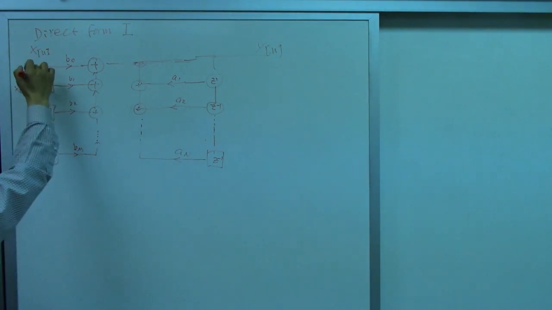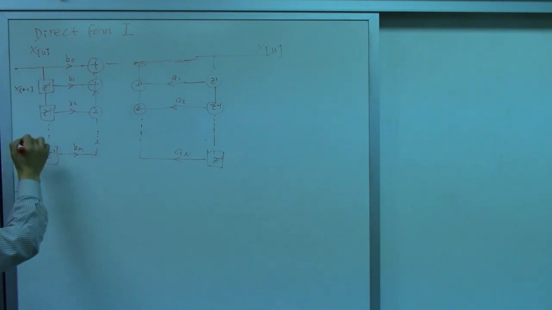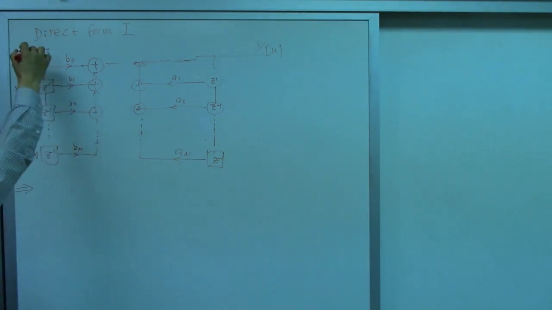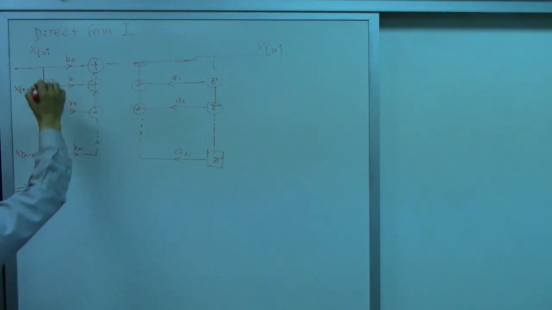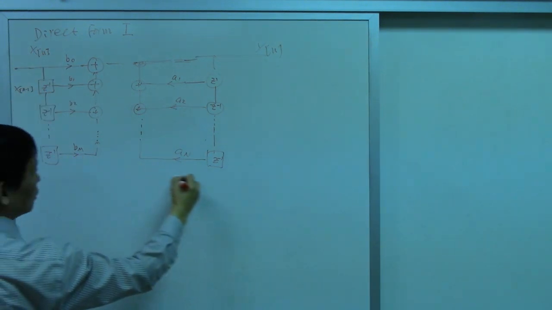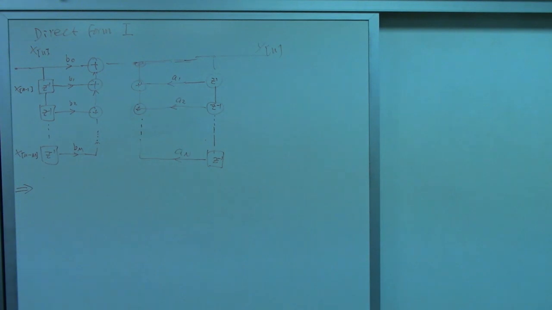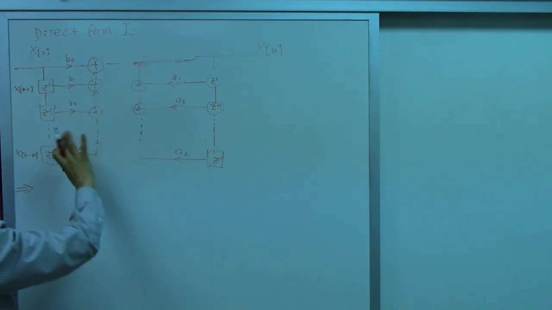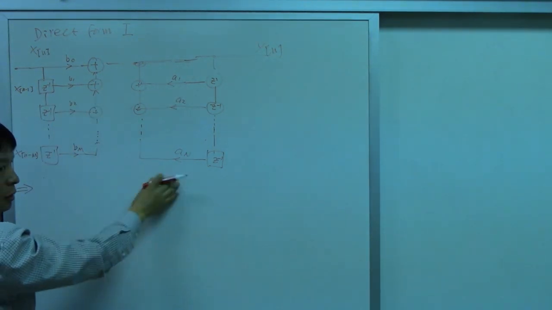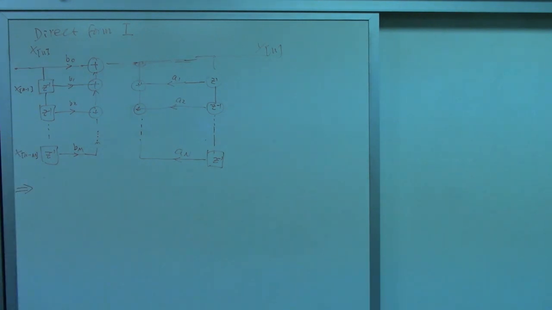Keep in mind this xn is here, and this is the connection. If you think of this as a black box, this is the output, this is the input. I change the position of these two systems inside the box, but I don't need to change this x and y. This is still input, this is still output, right?